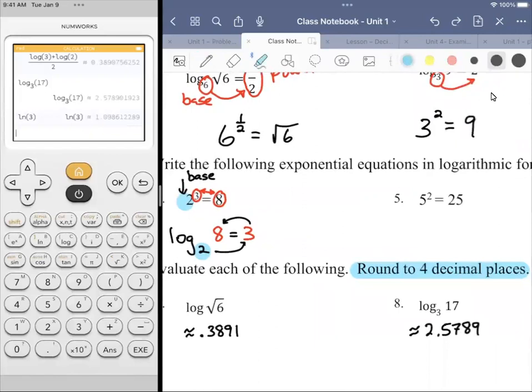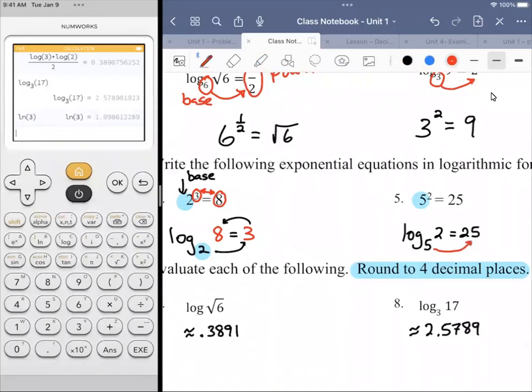But again, it makes your life a lot easier if you recognize that the base of the exponential is the same as the base of the log. And then from there, let's say you accidentally put the 2 here and the 25 there. When you go to check it, you're going to be like, all right, so that's 5 to the 25th power. Oh, wait, that's not what I want.